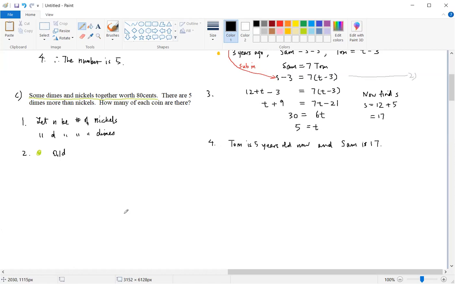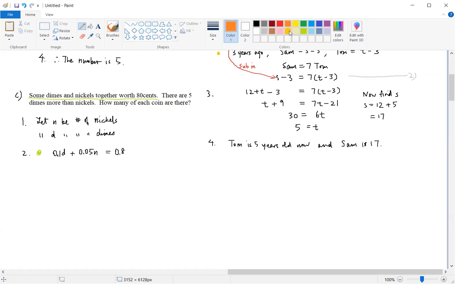If you have 1 nickel, 5 cents, 2 nickels, 10 cents, 3 nickels, 15 cents, so N nickels is 5 cents times N, which is 0.05N. Together, the money you have is 80 cents. Some students said before that they want to do it in cents, which is also okay. You can put 10D plus 5N equals 80 cents.